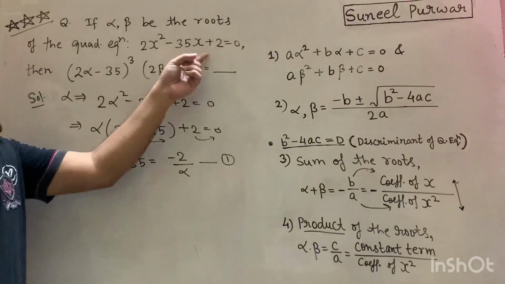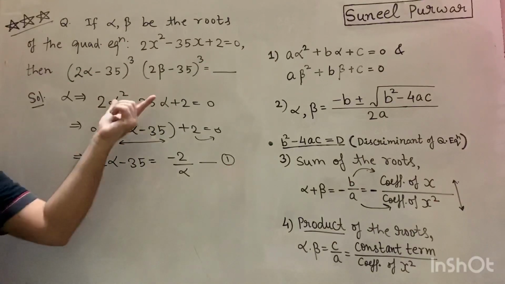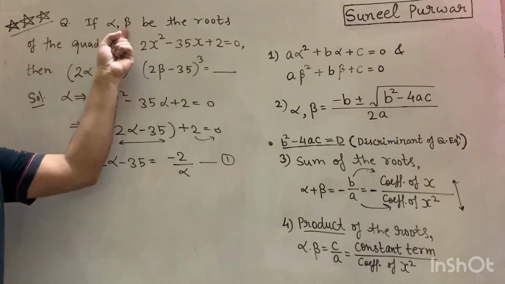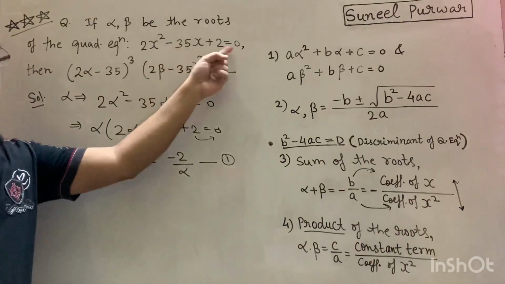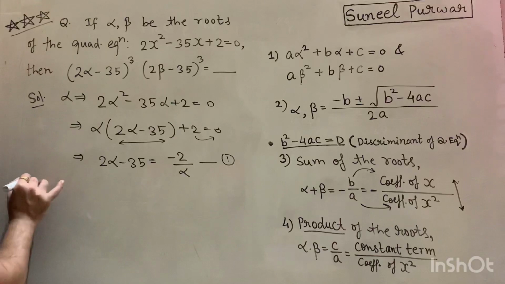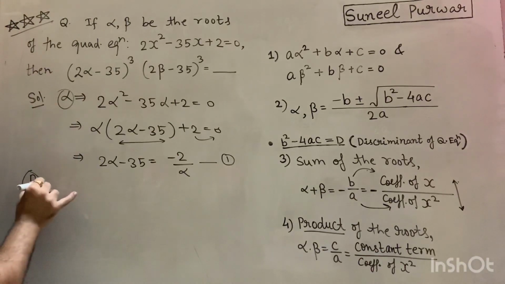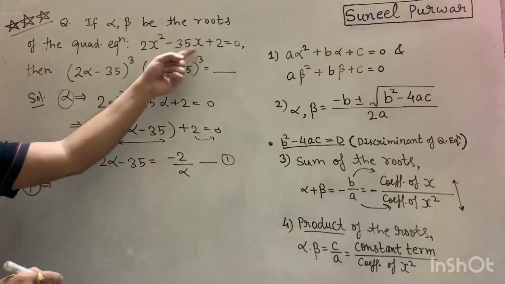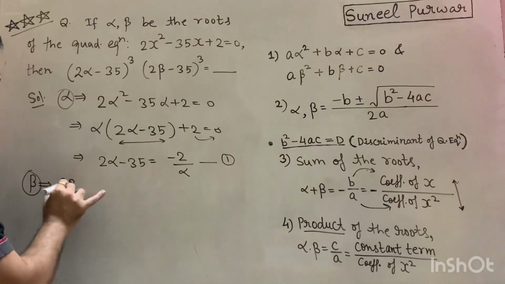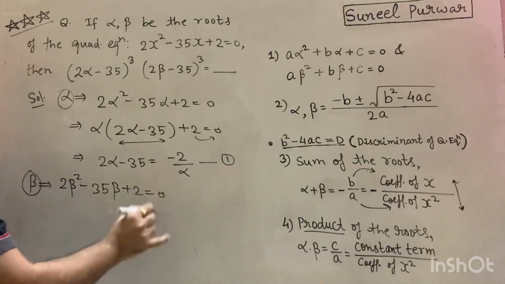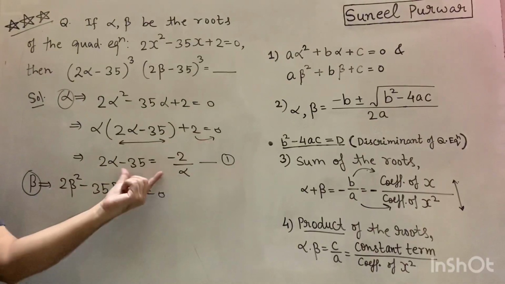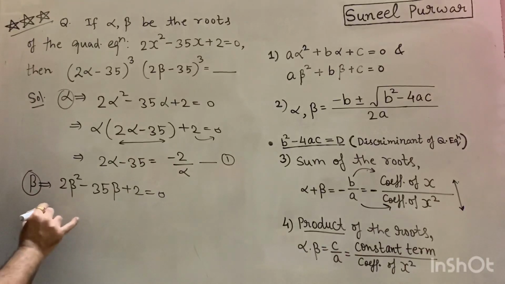Now in place of alpha, in a similar way if you put beta, beta is also a root, you will get 2 beta square minus 35 beta plus 2 equal to 0. And in a similar way, you will get 2 beta minus 35.